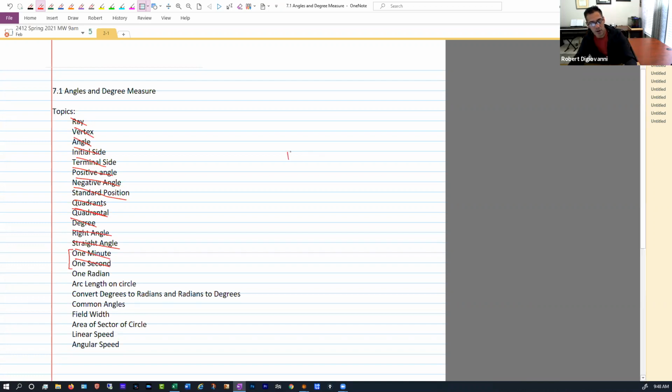If I write 12.5 feet, okay, 12.5 feet, that's 12 feet and then half a foot, right? But half a foot, isn't that really 6 inches? Right? So I could have written it this way, 12 feet, 6 inches. Right, that's one way I could write 12.5 feet.